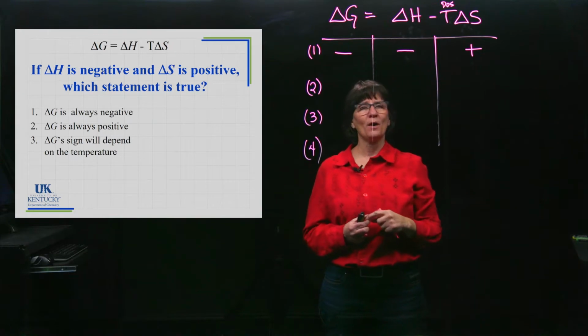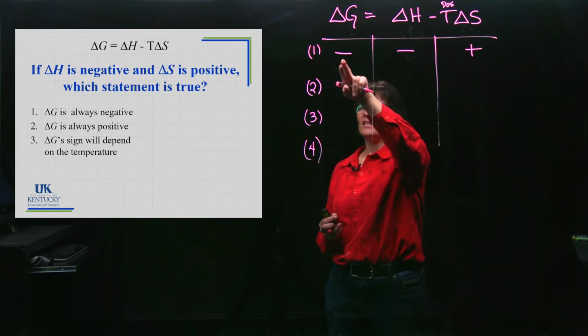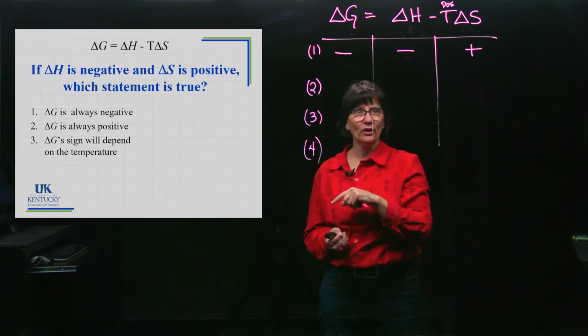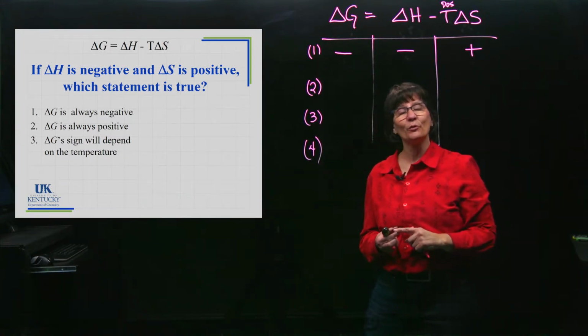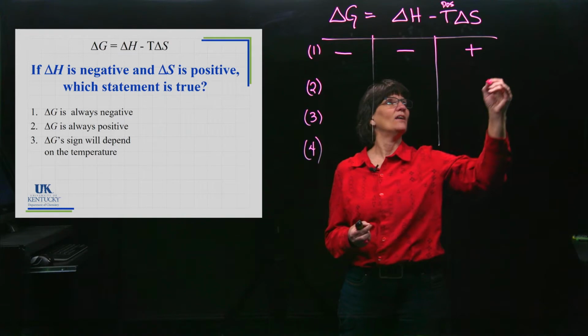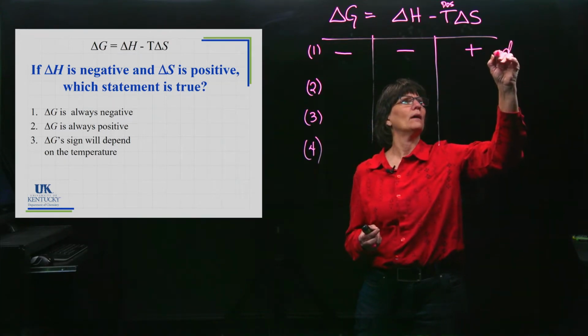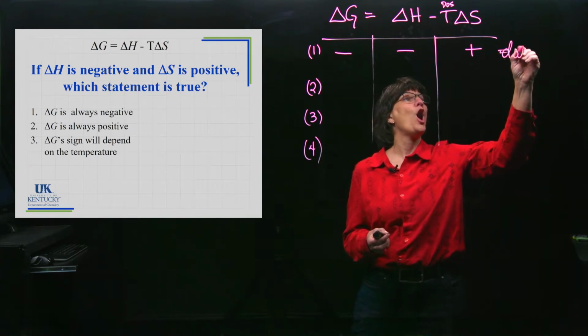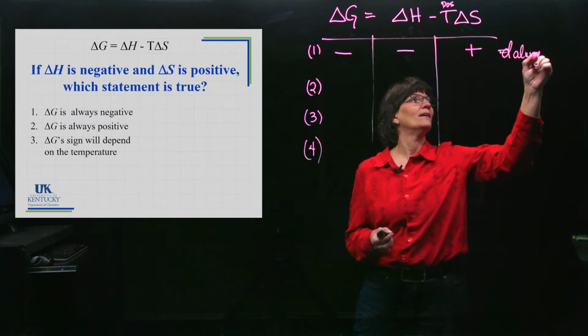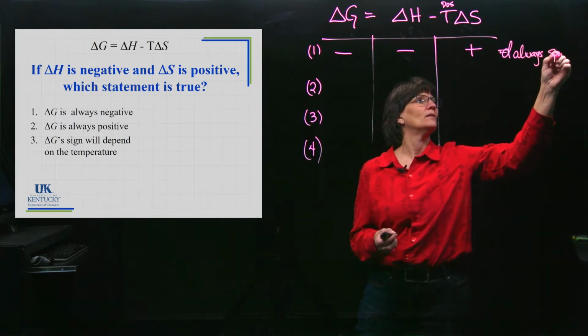What do we know about the spontaneity? Now you might have to flip back in your notes. But if delta G is negative for a reaction, can we predict if a reaction is spontaneous? Yes, it is always spontaneous. Let's try that again.